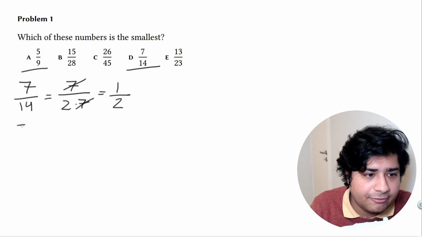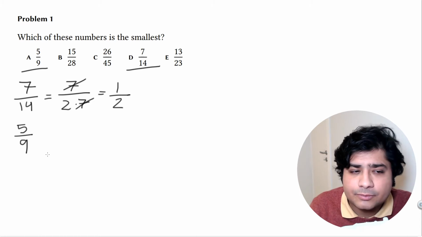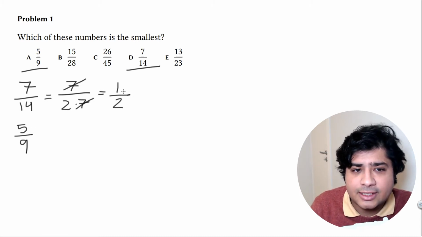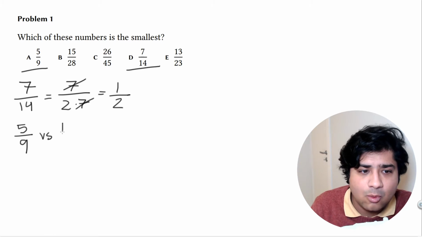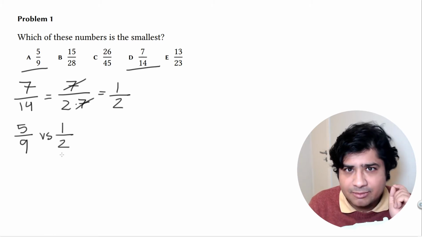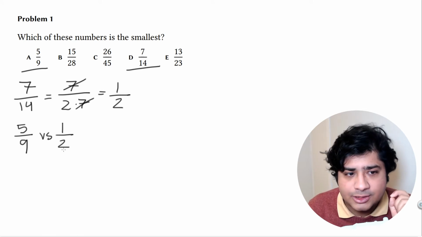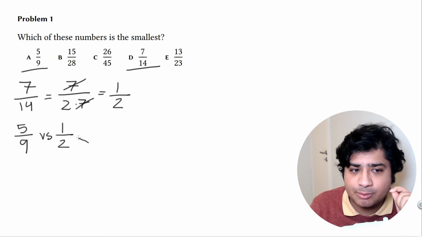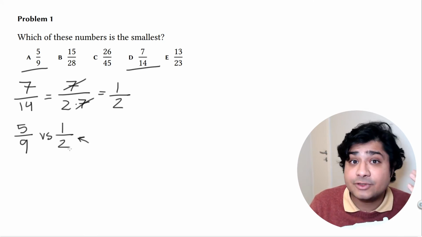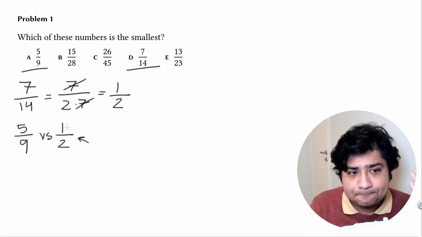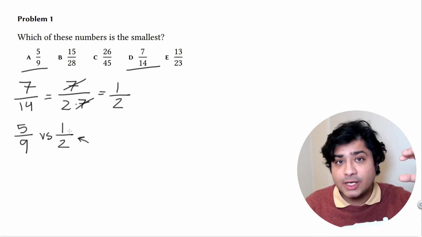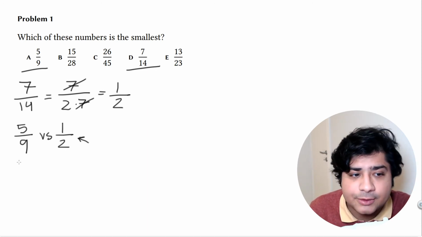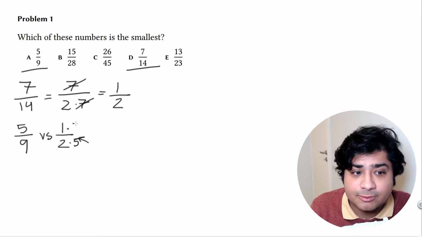All right, so if I have 5 over 9, and then comparing that versus, let's say, 1 over 2. Well, I can immediately see that in order for me to more easily compare these two numbers, I can turn this number into a different kind of fraction where I multiply both the numerator and the denominator by some number. Let's try that now. So what if it was, this multiplied by 5, let's say, and this multiplied by 5 as well?